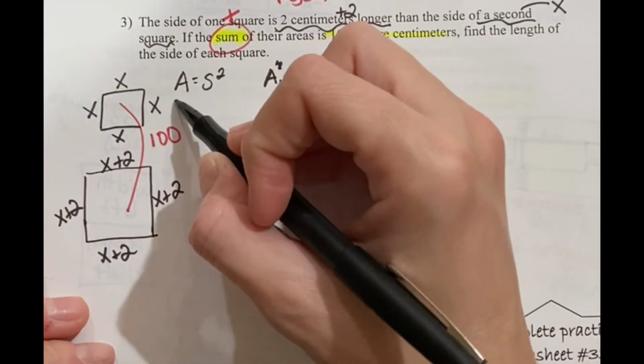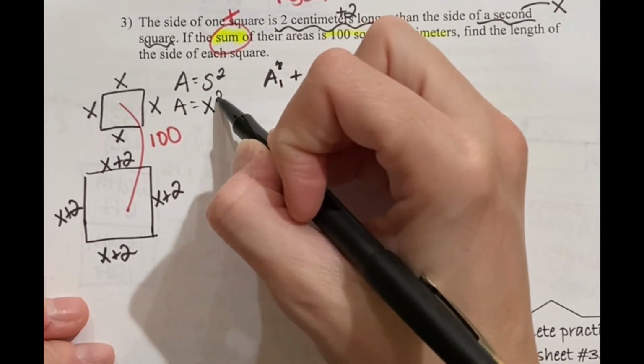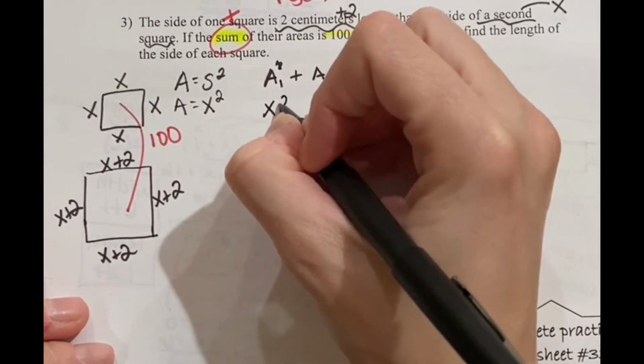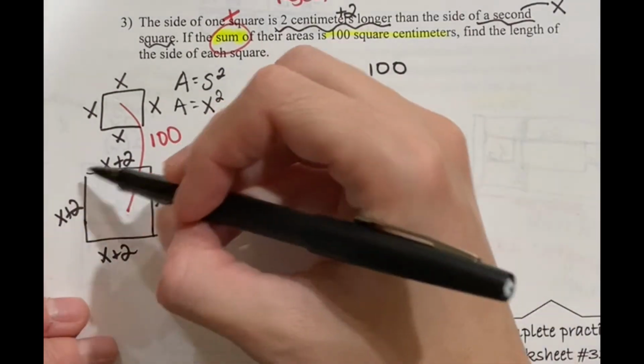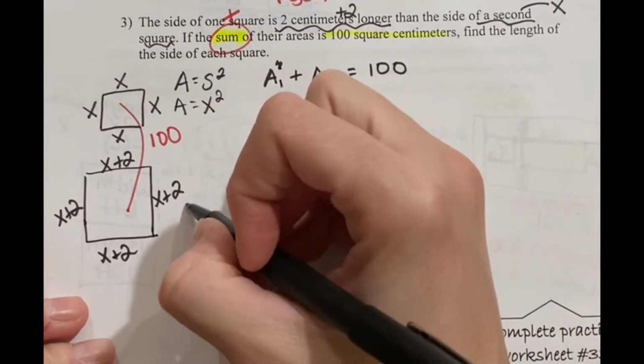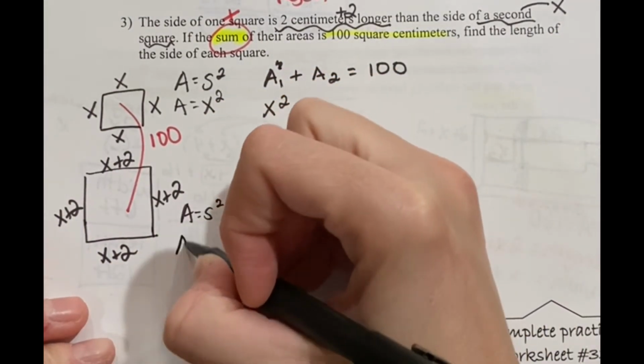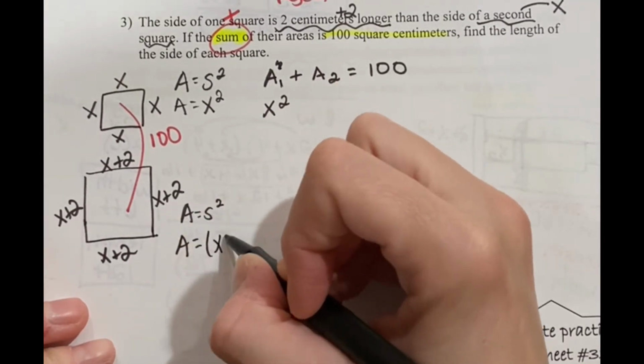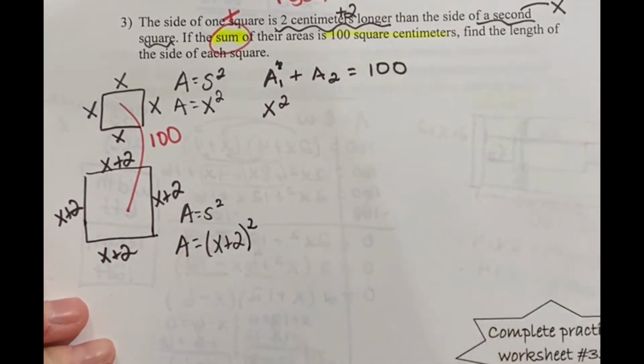So we take one of our sides, which is x, and we square it. So x squared is the area of that first square. Then the area of the second square is also side squared. So my side here is x plus 2, and I'm going to square that whole thing.